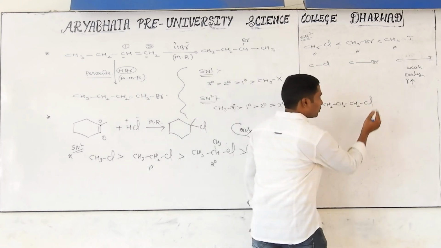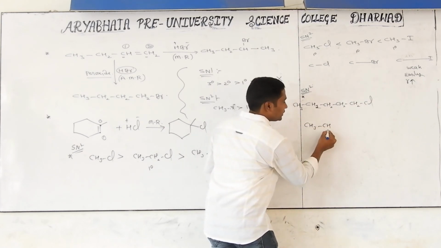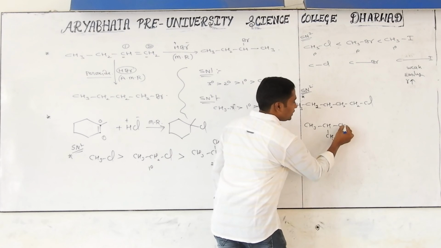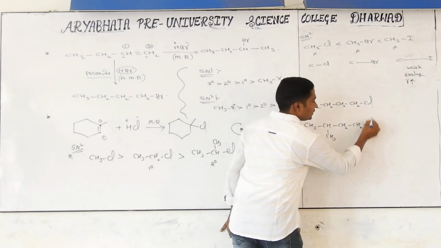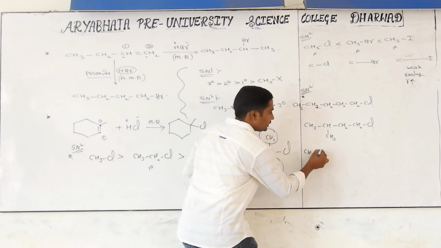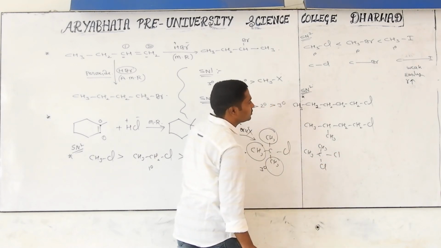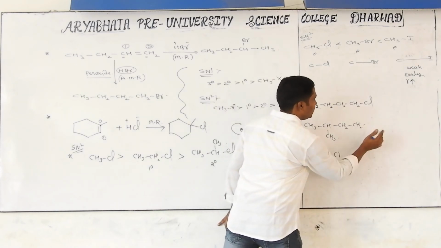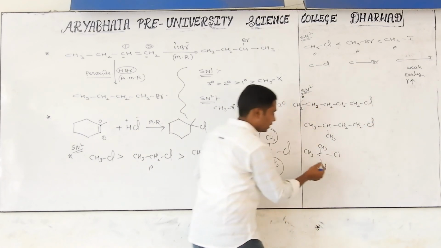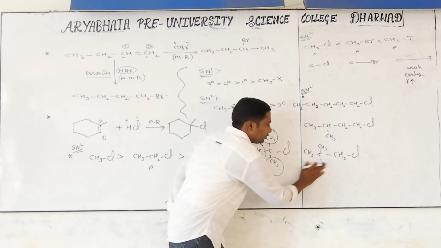I am taking one more compound, CH3CH(CH3)CH2CH2Cl. I am taking one more compound with one more branch, here we are getting CH2Cl, and here we are taking CH3.